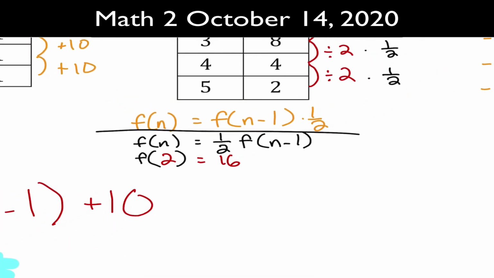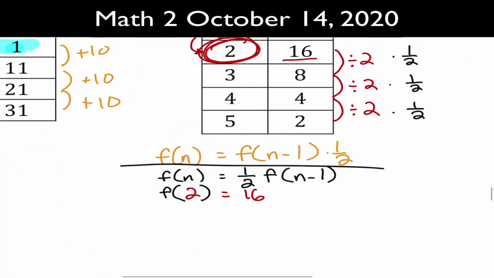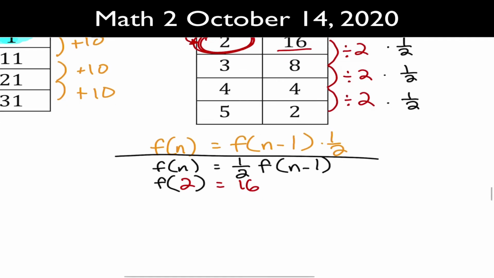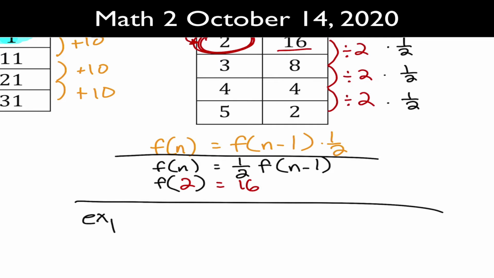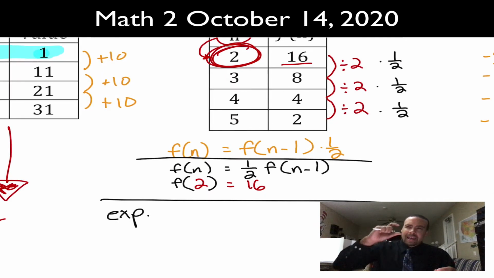Okay, I think that's the easy part that everybody could easily see there. The next part is kind of tricky because of where we're starting at. We're starting at 16. So let's just dive right into the explicit. I see that I'm starting with 16, and it appears that we're multiplying by 1/2 each time, but we need to make sure that we take into consideration what our input is.